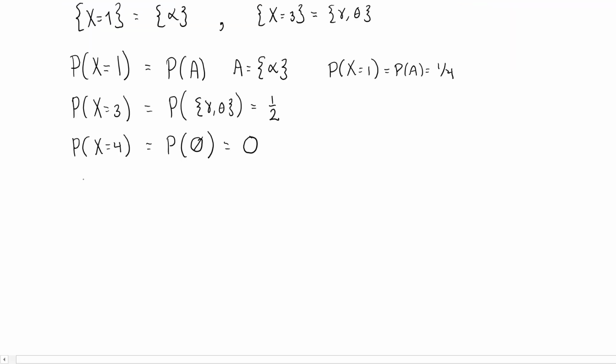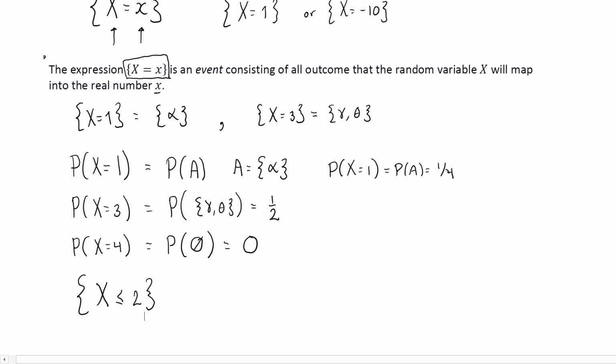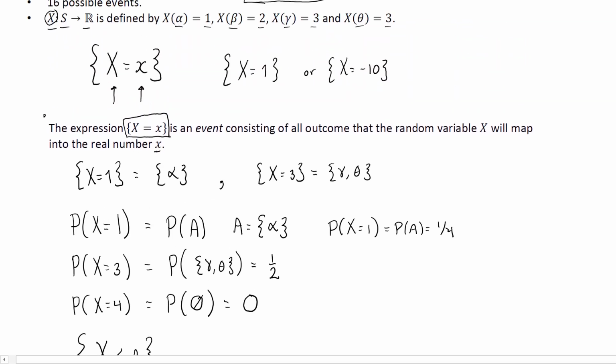That means that, for example, something like {X ≤ 2}, this will be an event as well. In this case, it will consist of all outcomes that X will map to a number which is 2 or less. Going back to the random variable X, we see that alpha is in there, it's mapped to a number 2 or less, and we see that beta is in there, but gamma and theta are not.